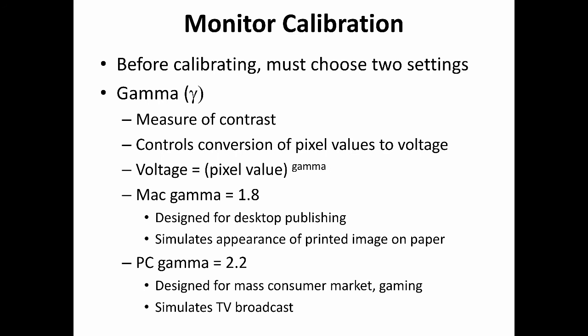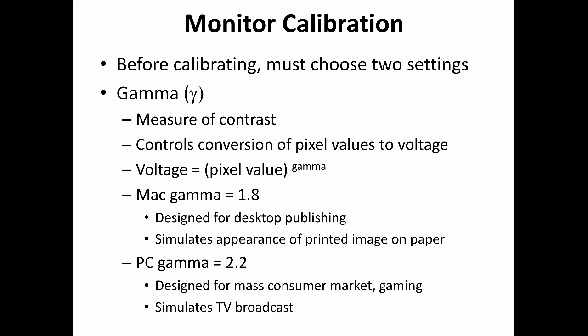Windows PCs were really designed to be mass consumer market computers, geared towards the average person, not towards a graphic artist or people in the printing business, but towards the mass lay audience, the consumer market. And eventually, they really focused on gaming.